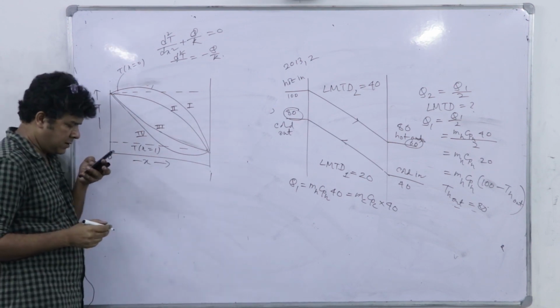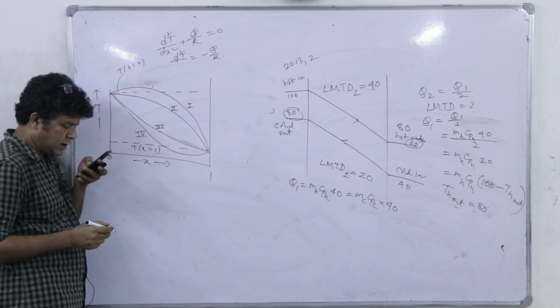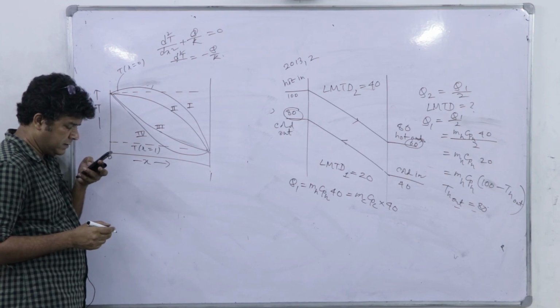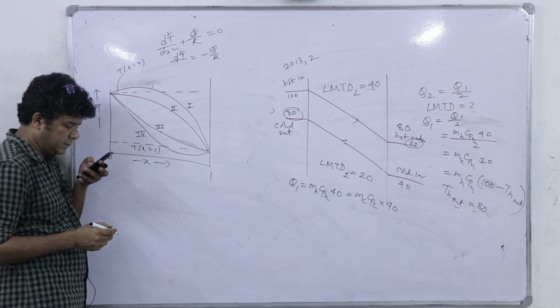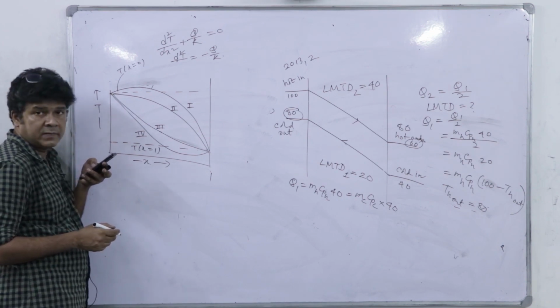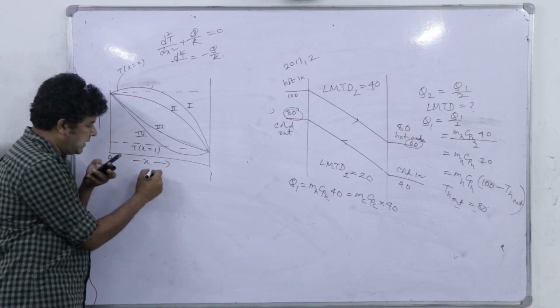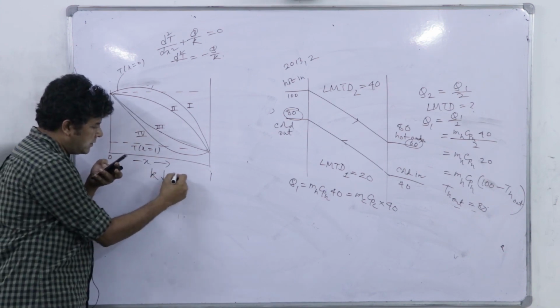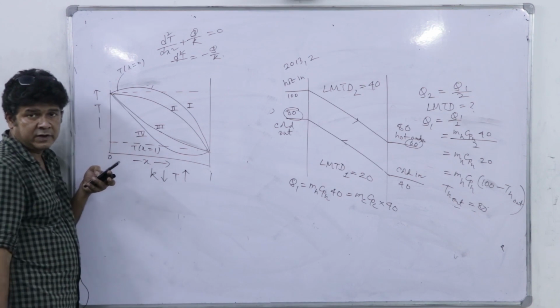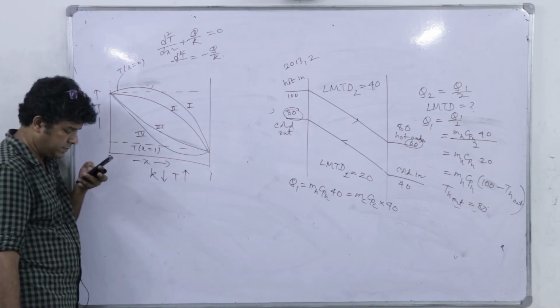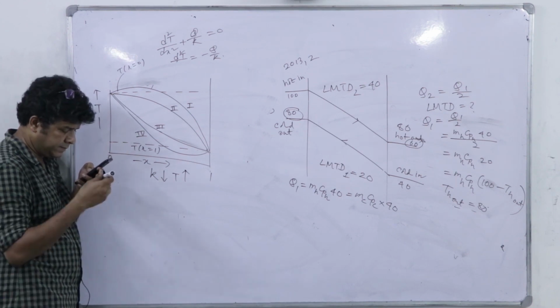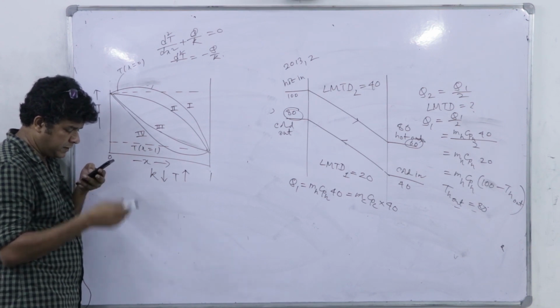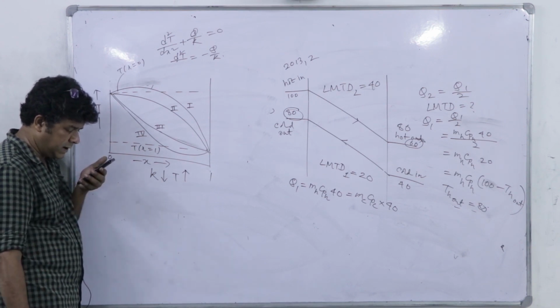What is the statement? Consider a solid block of unit thickness for which the thermal conductivity decreases with an increase in temperature. The thermal conductivity decreases with increase in temperature. So it is a non-homogeneous medium, right? The opposite faces of the block are maintained at constant but different temperatures.